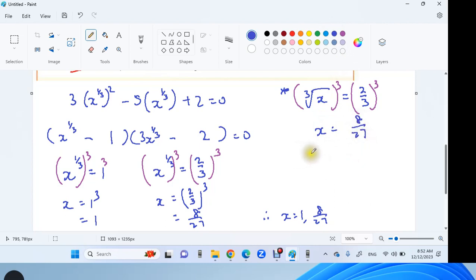We know that the cube root of x is actually x to the power of 1 over 3, so the nth root of x is x power 1 over n. Then we cube both sides, cube root cube, and we can remove the cube root there. So it becomes x, then we get the value for x, and we solve the problem already.